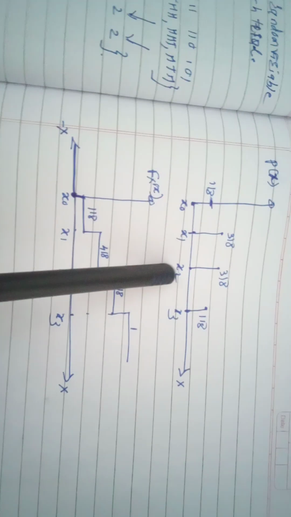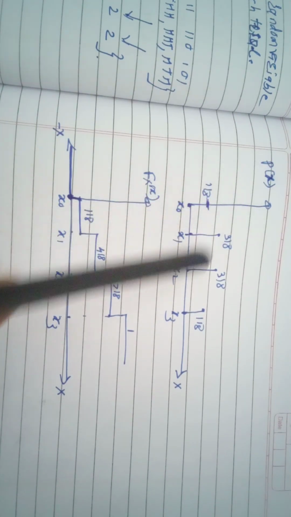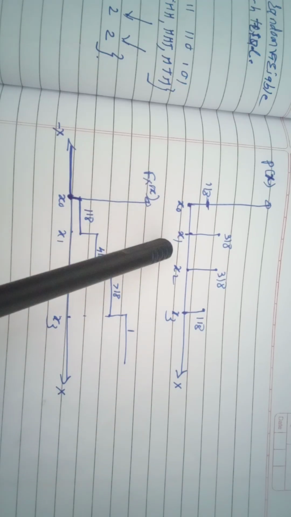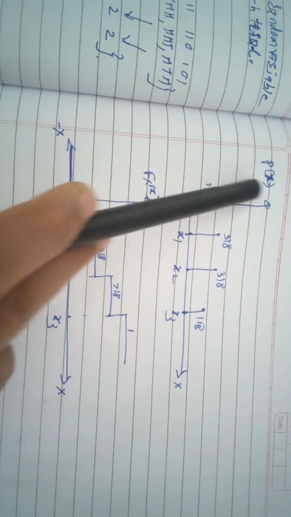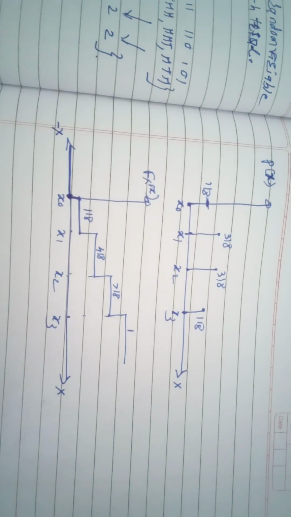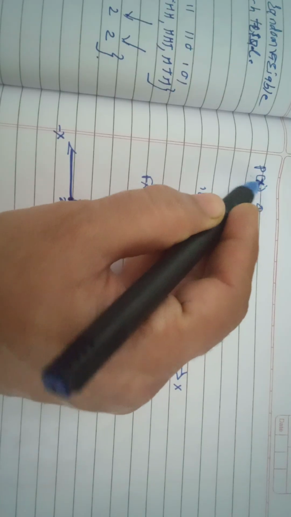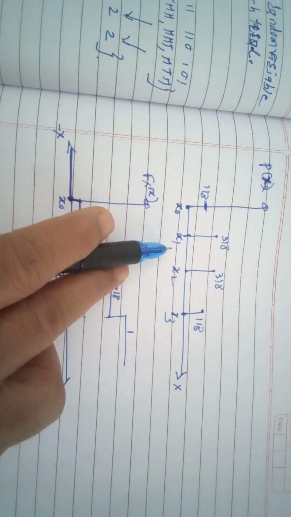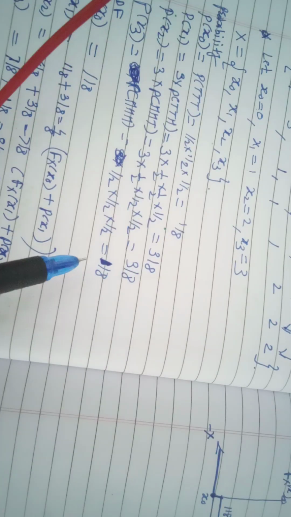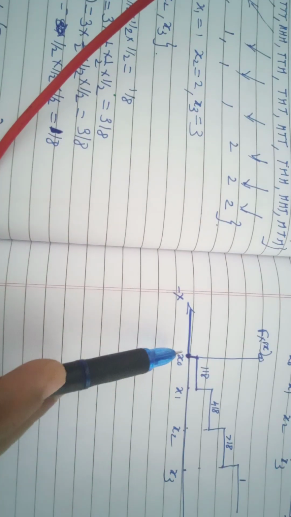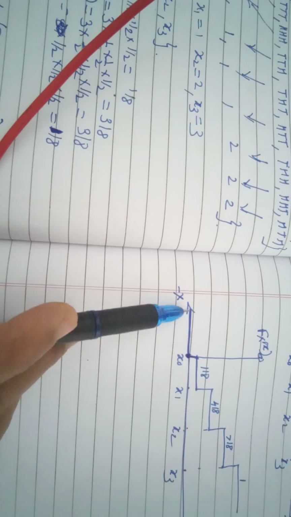Now how to plot it? P_X is the probability of the random variable value, and the random variable has values x0, x1, x2, x3. The probability of x0 is 1 by 8, then the probability of x1 is 3 by 8, then 3 by 8, then 1 by 8. For the CDF, before x0 it is 0.